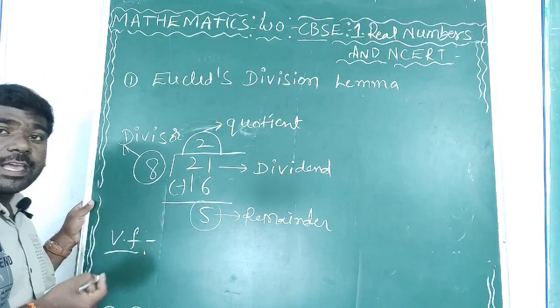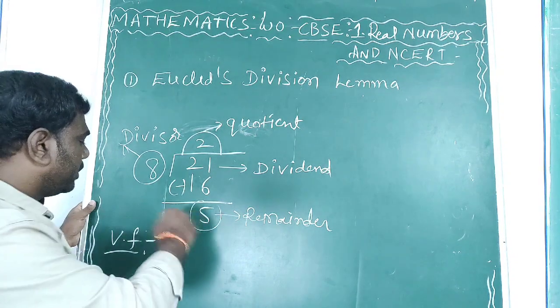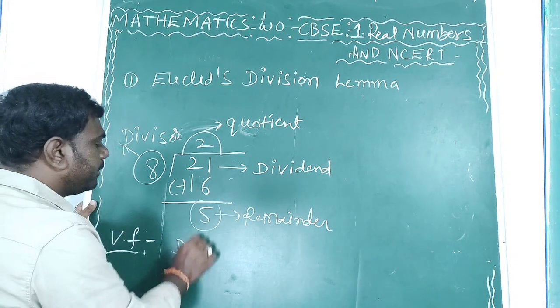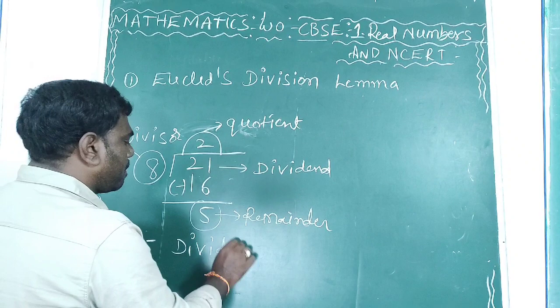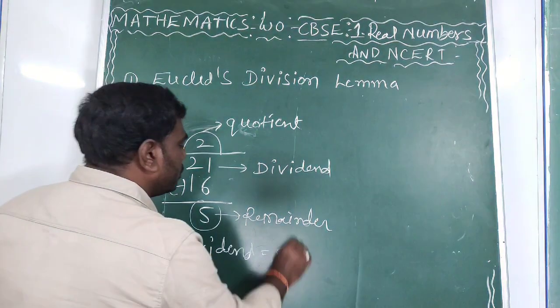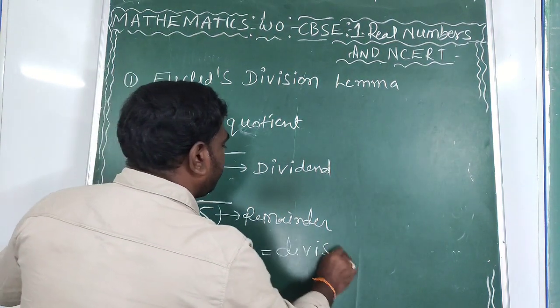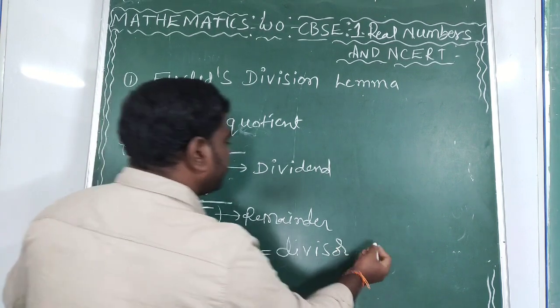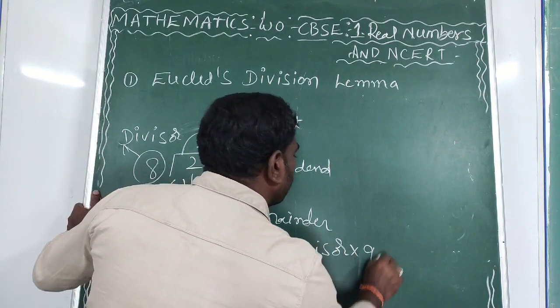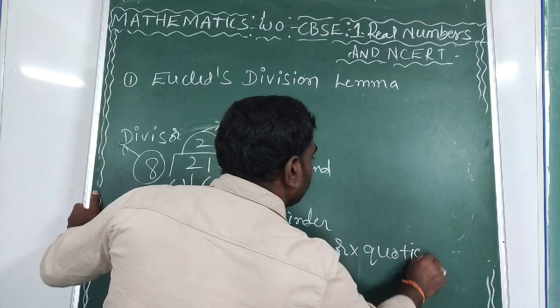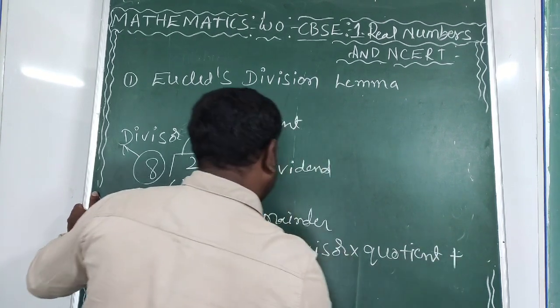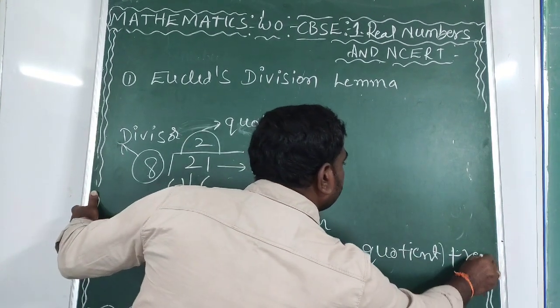We have one statement: dividend is equal to divisor into quotient plus remainder.